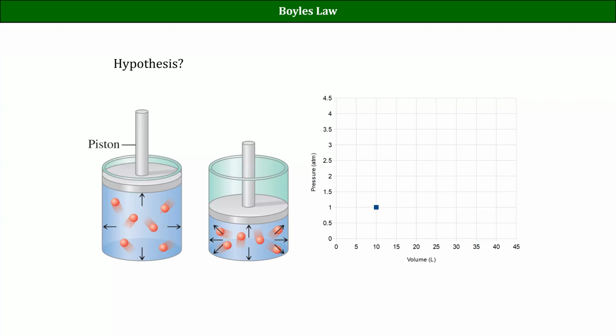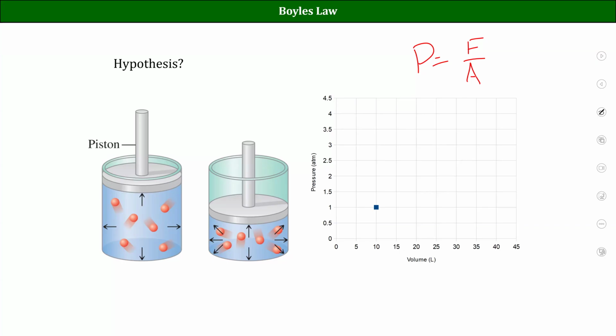If we have this closed container that's 10 liters, let's pick 10, it's a nice round number, what do you think happens to the pressure if you cut the volume in half? Increase. The surface area is decreasing. And remember, pressure is force over area, right?